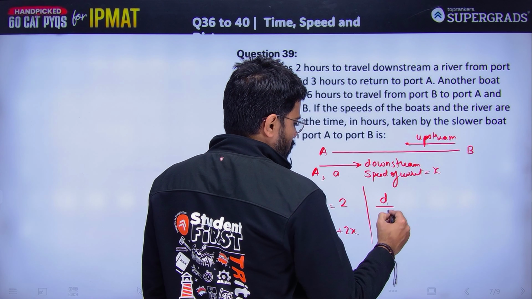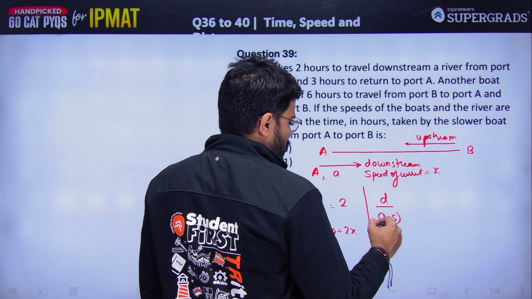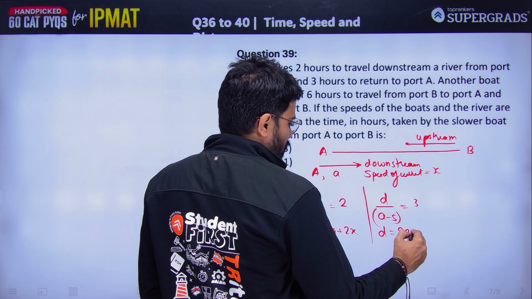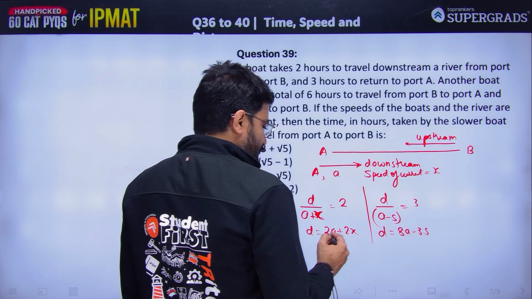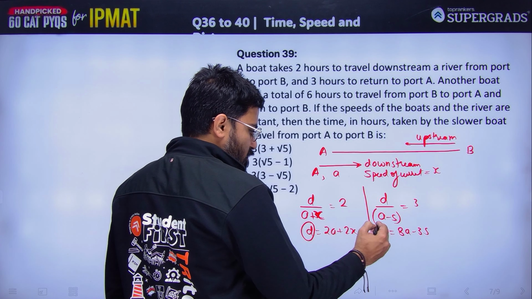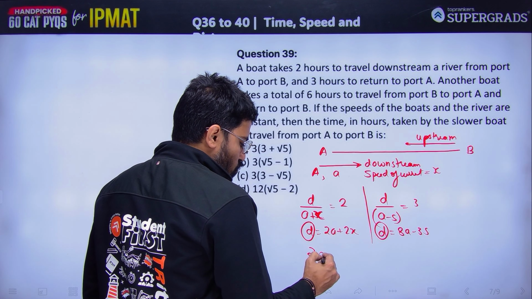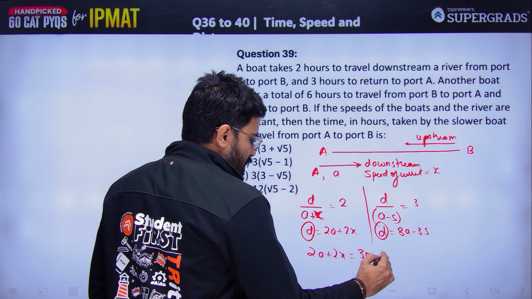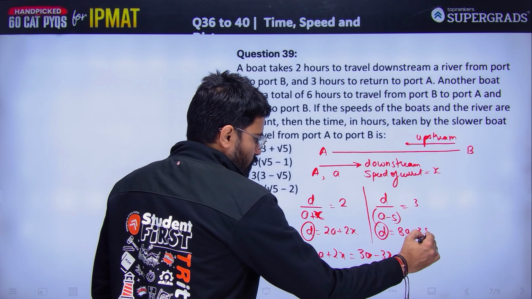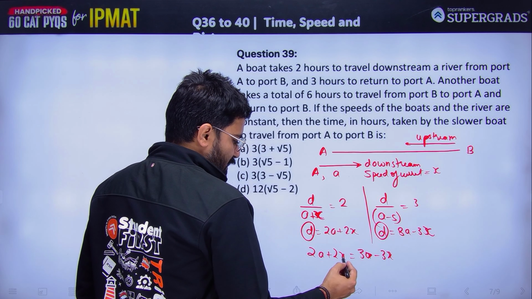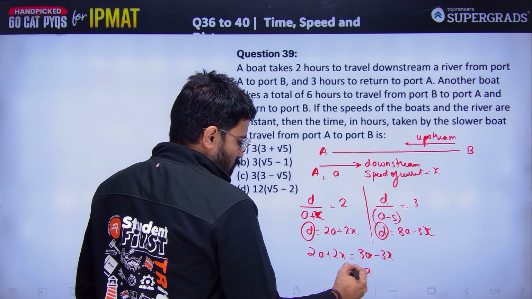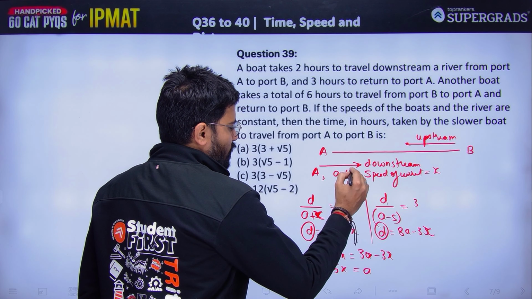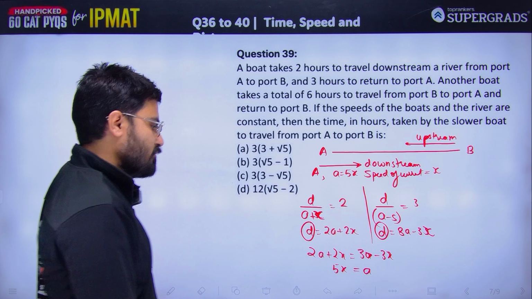So distance upon a minus x will be equal to 3. So I can write distance is equal to 3a minus 3x. This is also distance, this is also distance. So I can equate that 2a plus 2x is equal to 3a minus 3x. So from here I get a is equal to 5x.